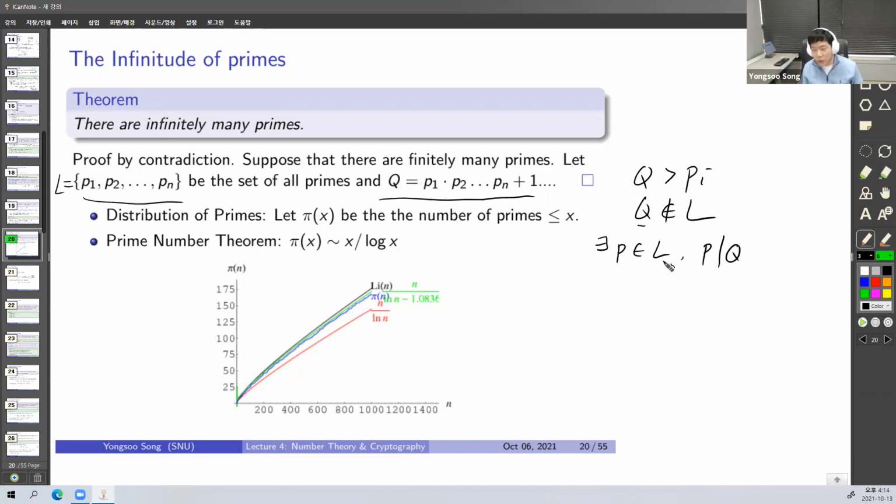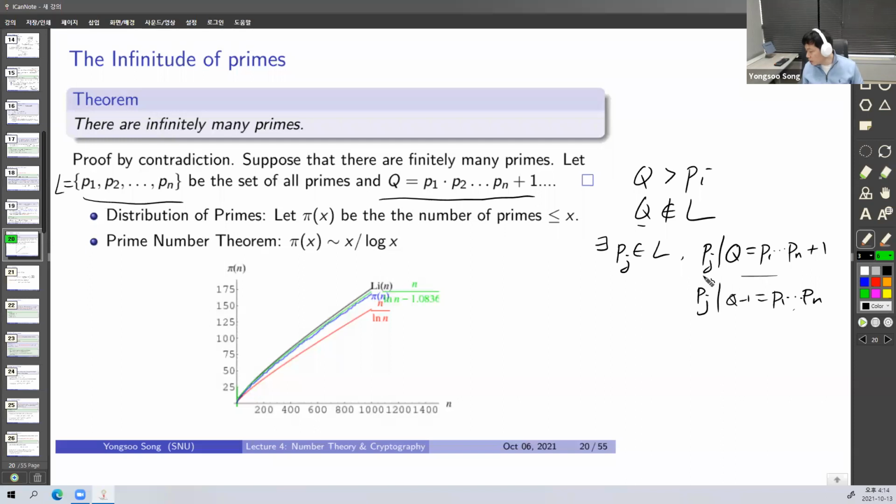So this p belongs to L, meaning that p is pj for some j. But the problem is that q is the product of p1 to pn plus 1. So we deduce that pj also divides q minus 1, which is the product of p1 to pn, because pj is one of these n primes.